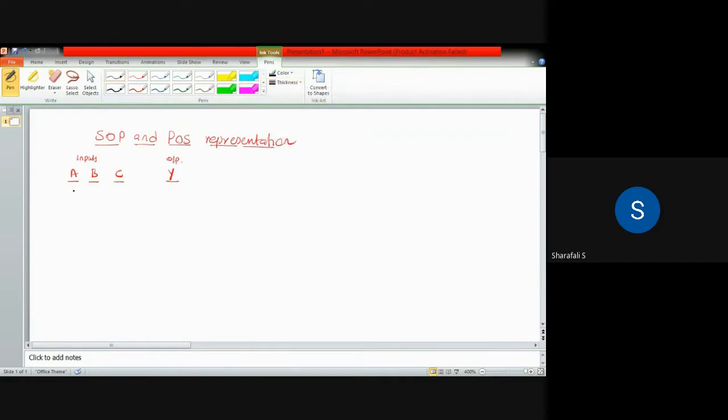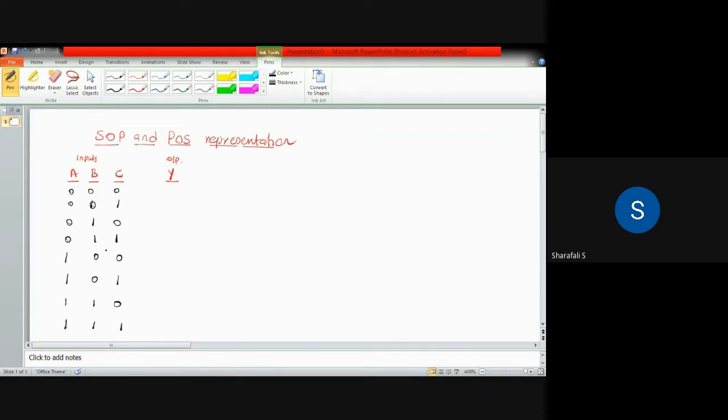And let's consider these three variables or three inputs are 0, 0, 0, 0, 0, 1, 0, 1, 0, 0, 1, 1. This we already discussed in the last class. Then 1, 0, 0, 1, 0, 1, 1, 1, 0, 1, 1, 1.